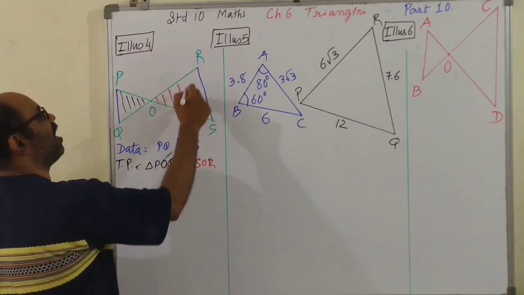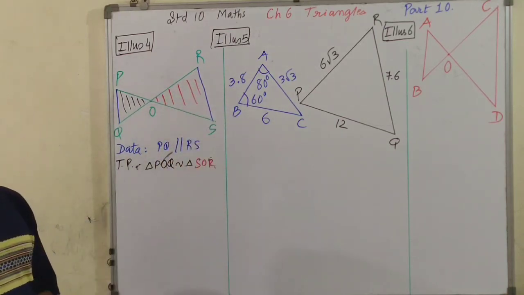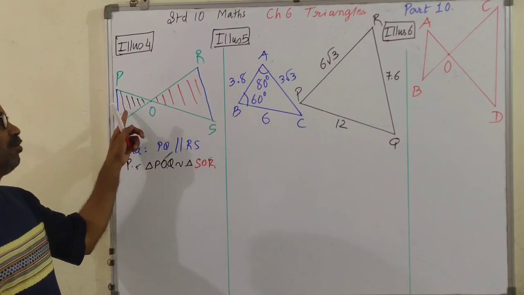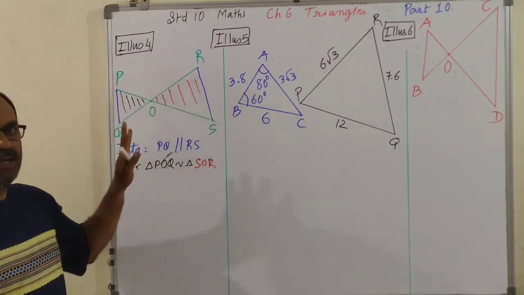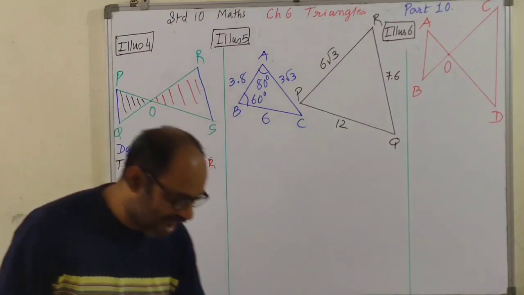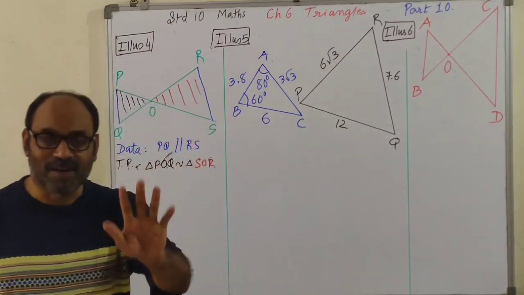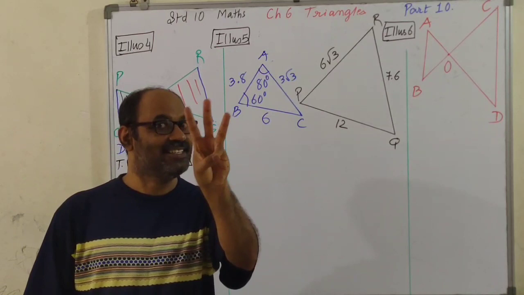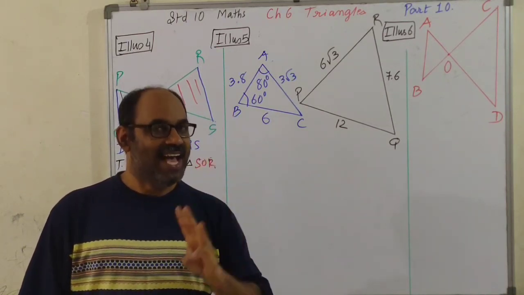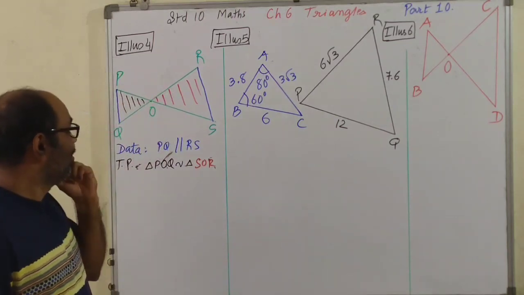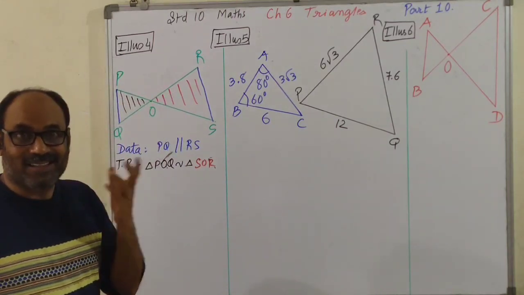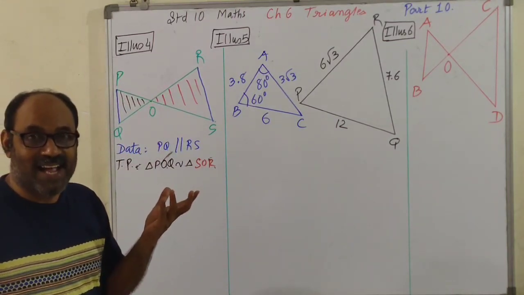SOR. That means this triangle. Can you point out those 2 triangles? POQ and SOR. You have to prove these 2 triangles are similar. We have those 3 conditions: AAA, SAS and SSS. What is given? Nothing about angles and sides.